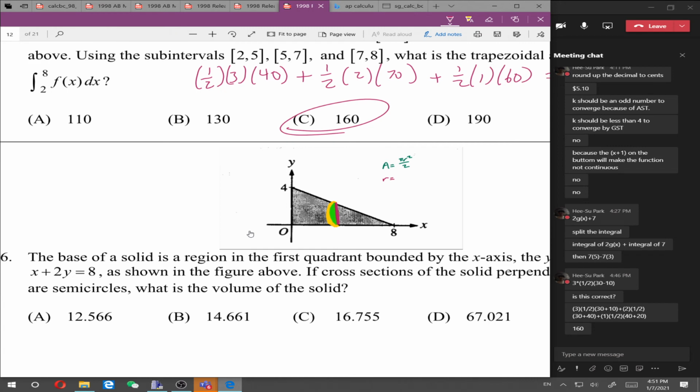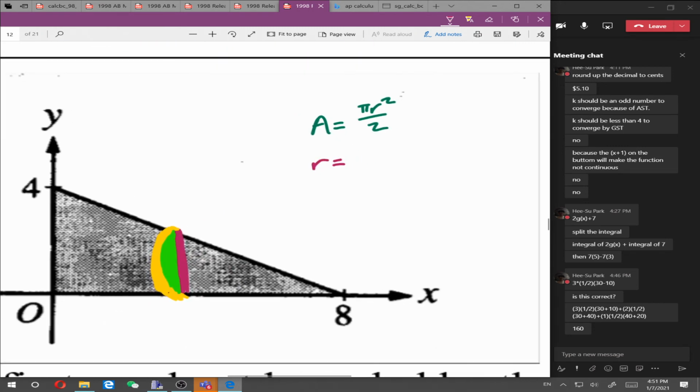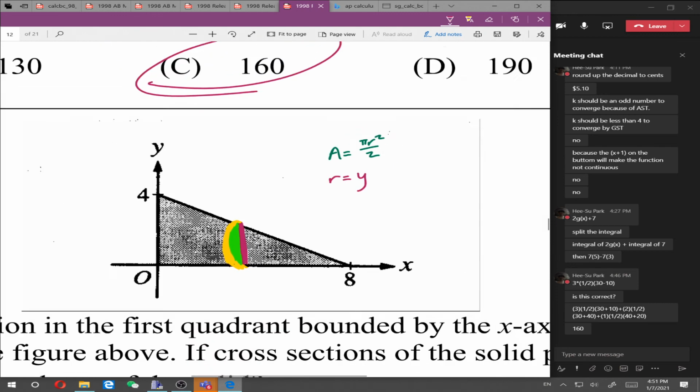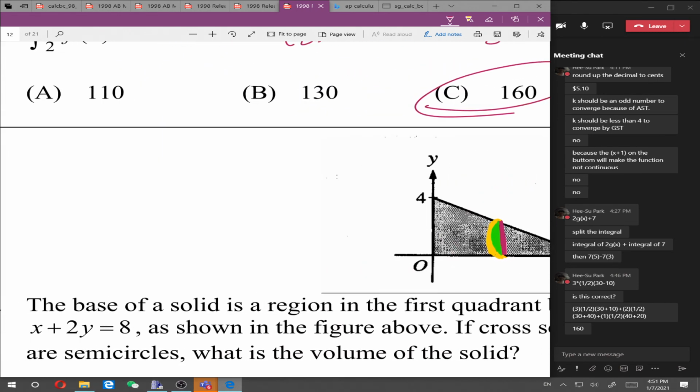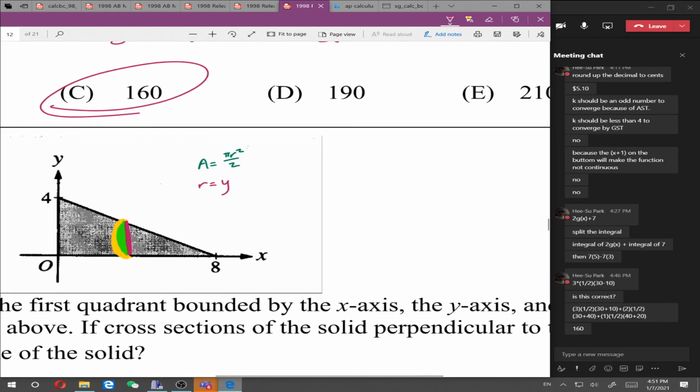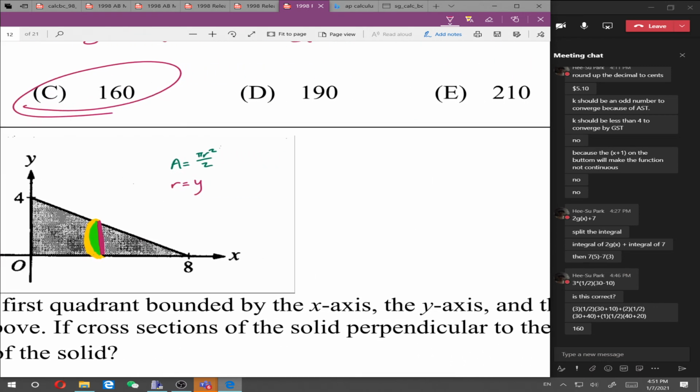It's just y. Okay, so my r is y. And our y is based on this equation. If x plus 2y equals 8, then what will y be equal to? 8 minus x over 2. Perfect. So that should be my radius then.